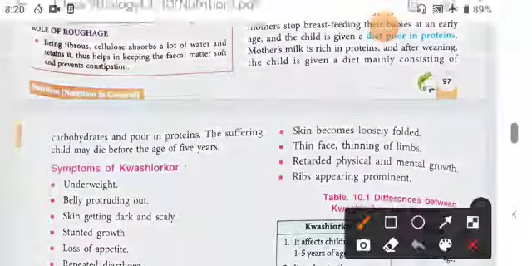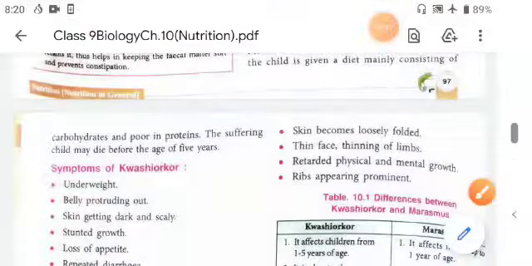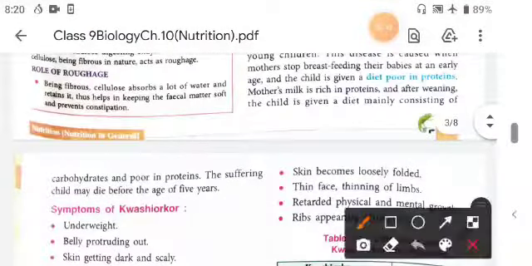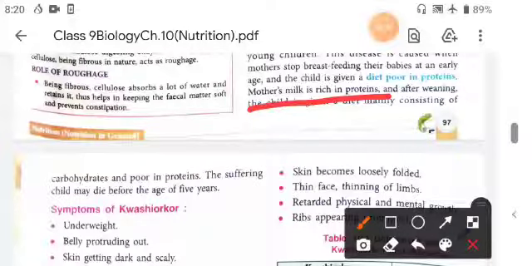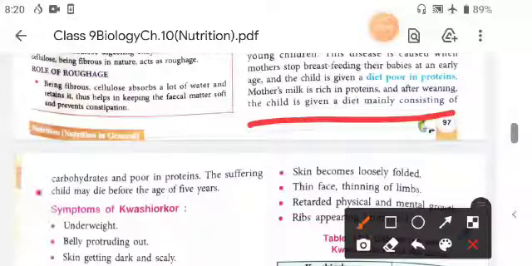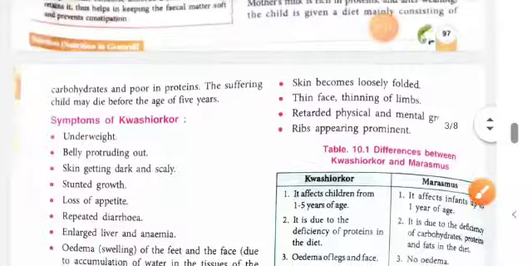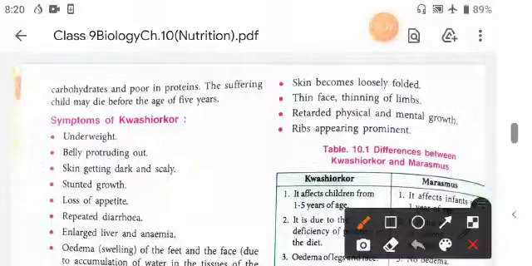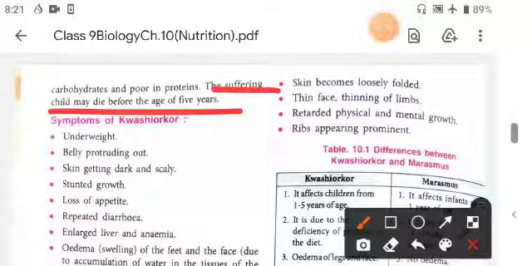You know that the milk of the mother is rich in protein, and after weaning the child is given a diet mainly consisting of carbohydrates and poor in proteins. So the suffering child may die before the age of 5 years.